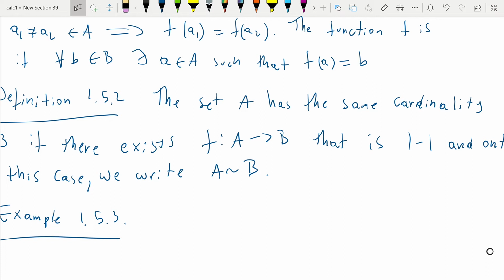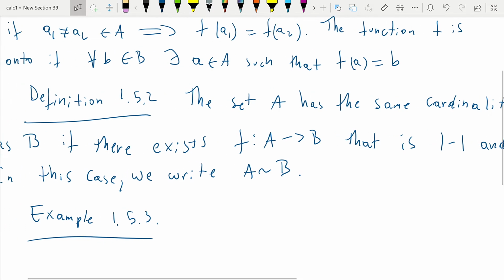So the existence of such a function guarantees that they have the same number of elements. And so counting the number of elements or finding a function that is one-to-one and onto from one set to the other are about the same thing.